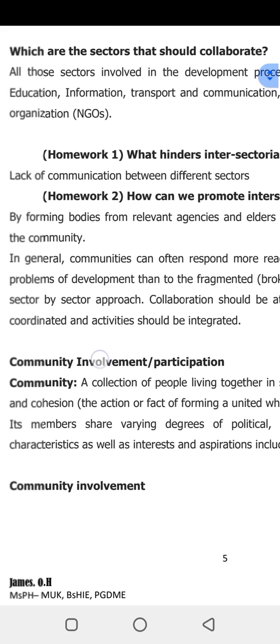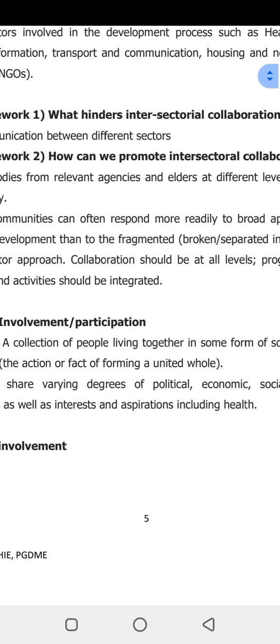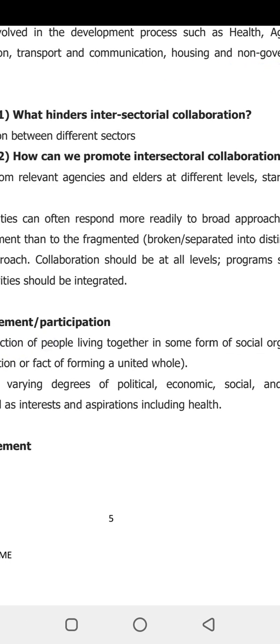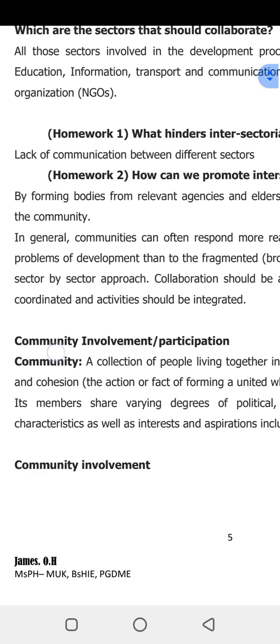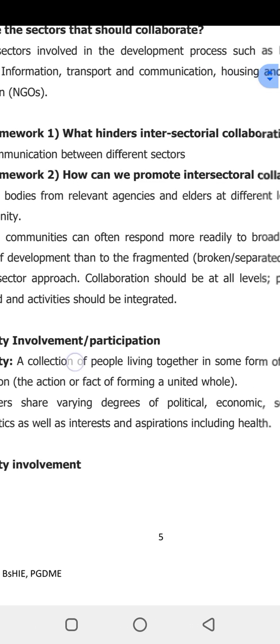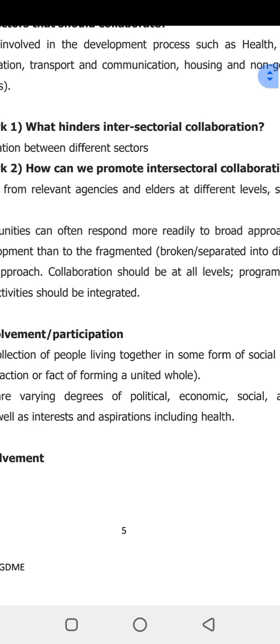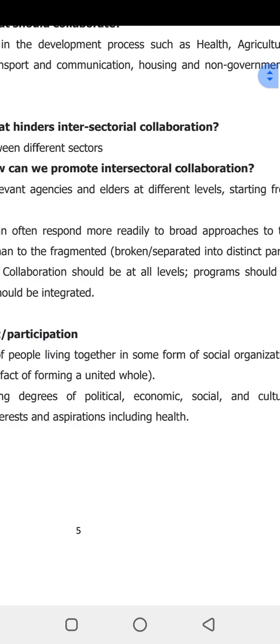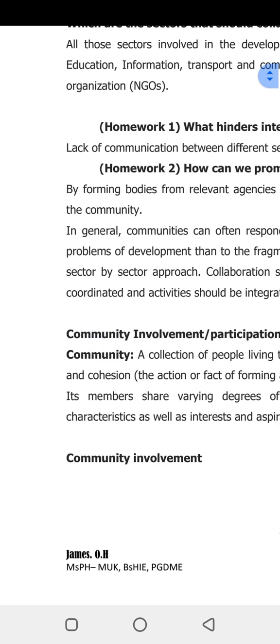intersectoral collaboration. And homework number 2. How can we promote intersectoral collaboration? Here we are saying by forming bodies from relevant agencies and elders at different levels, starting from the community.